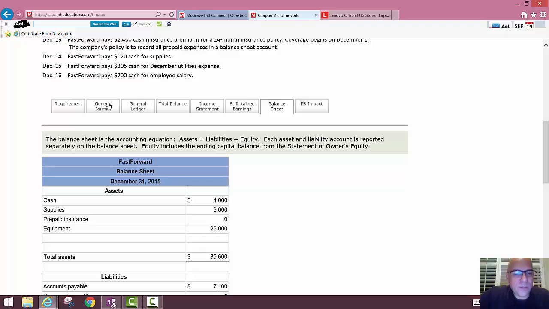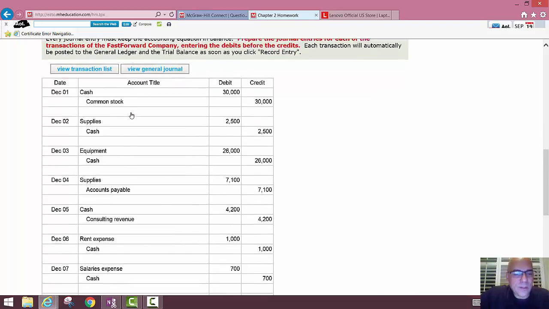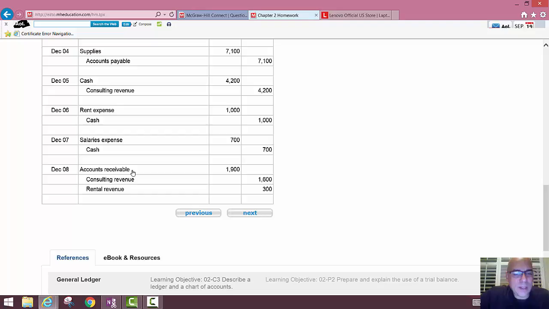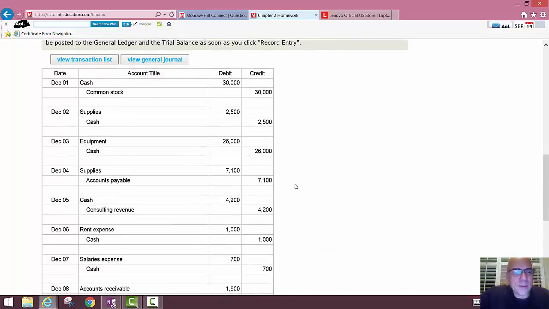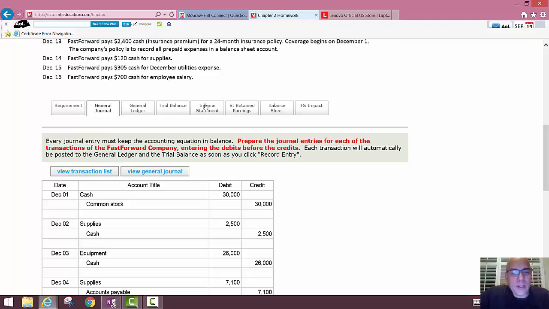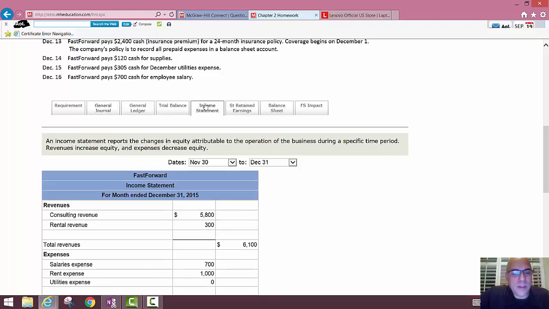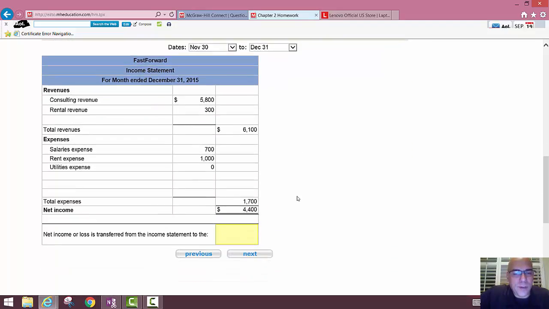General journal. There's a transaction, debit accounts receivable, 1,900. That's on the balance sheet. There's my revenue. Aren't we having fun with this? Okay. There's my income statement for my consulting revenue.